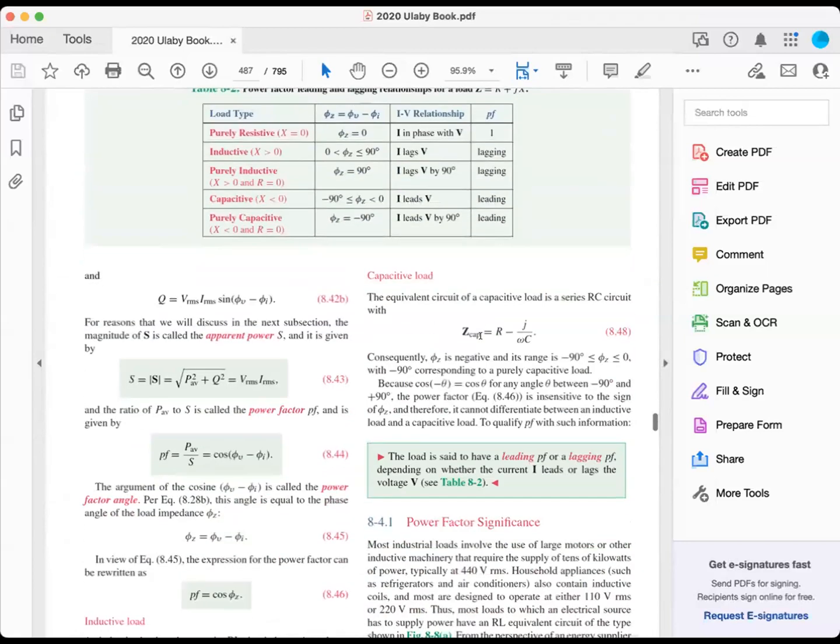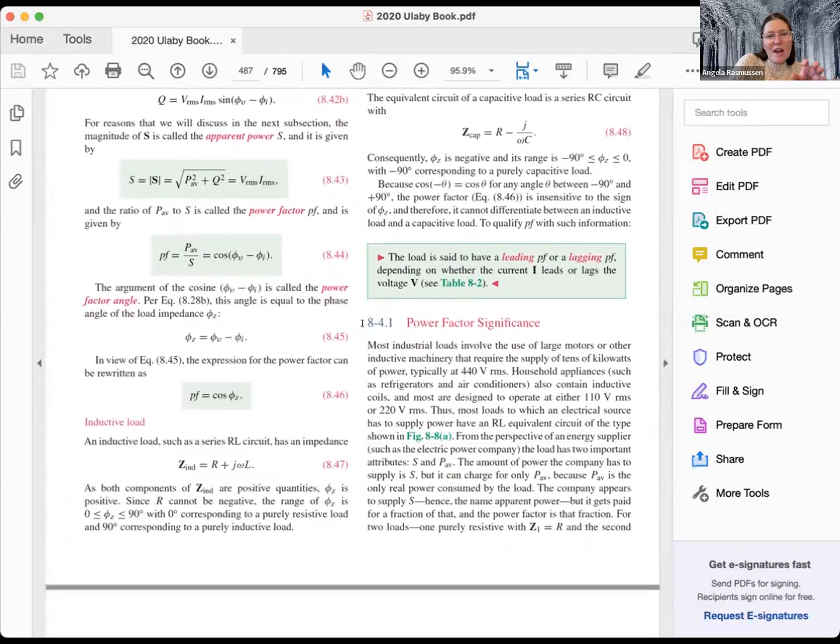So the power factor is what we actually use out of that, and that power factor is calculated from the apparent power S. Again, we use the complex domain to find all these numbers, and then we interpret them using the power factor.